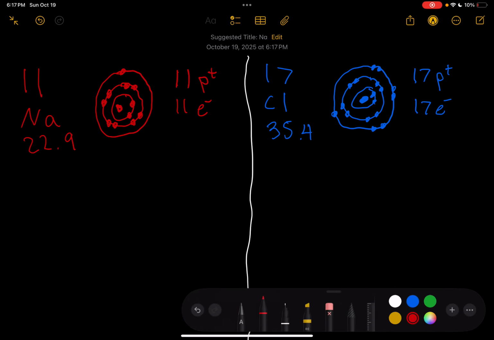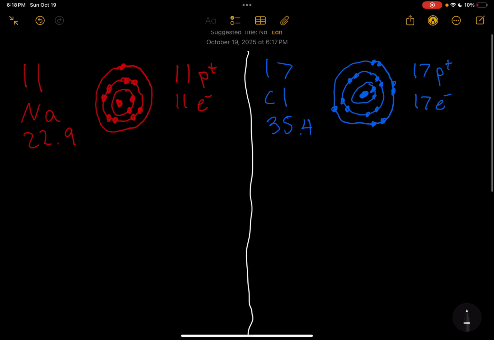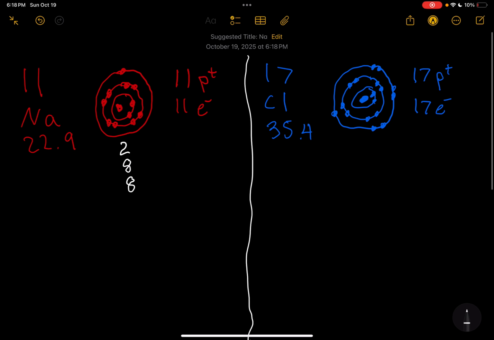If you remember, the first, innermost shell has 2 electrons. We can see here the innermost shell of sodium has 2 electrons, so I'll write 2 there. The next shell fills up with 8, and the shell after that also fills up with 8. This is a bit of an oversimplification, but this is generally how we say electron shells fill up as we move across the periodic table.